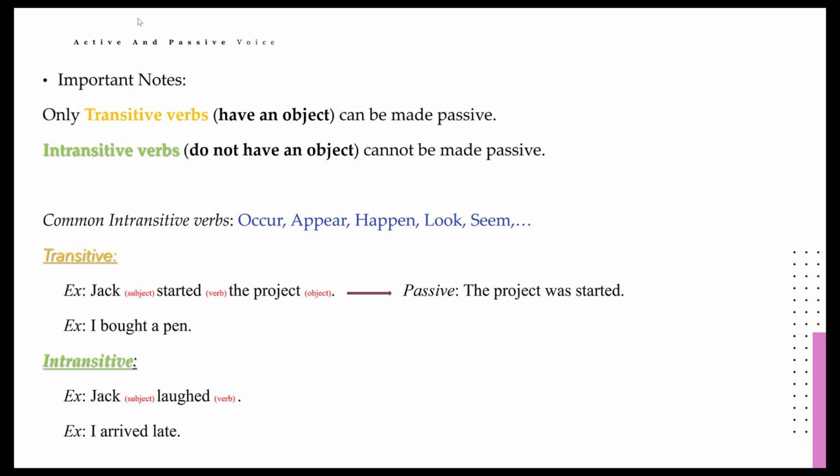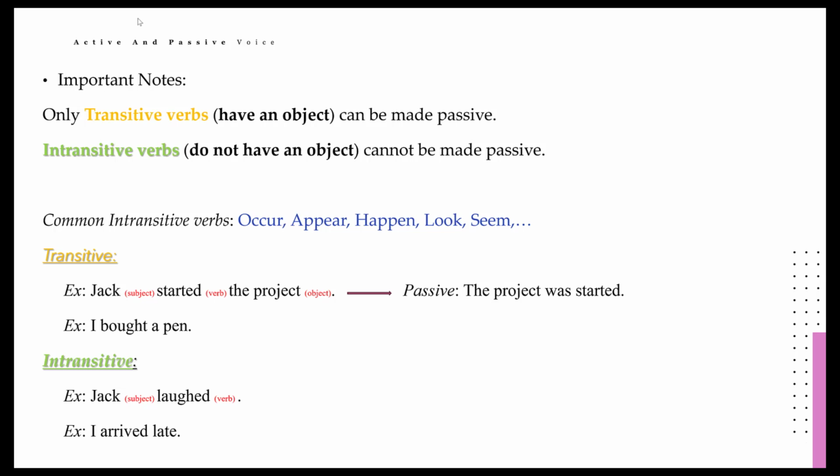I'm going to tell you notes about transitive and intransitive verbs. Only transitive verbs can be made passive because their direct objects in the active voice sentence can be transformed into the subject of the passive voice sentence. On the other hand, intransitive verbs cannot be used in the passive voice because an intransitive verb expresses that someone or something takes action to do something by itself.